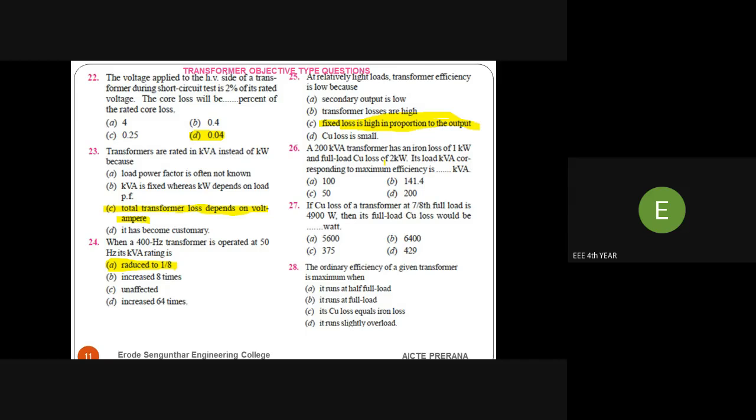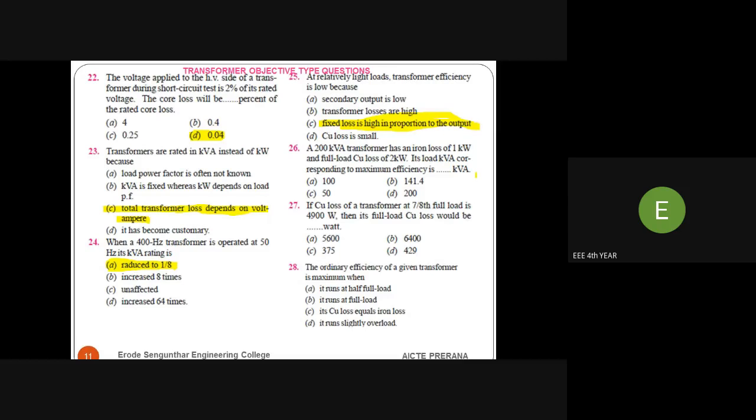A 200 kVA transformer has iron losses of 1 kilowatt and full load copper losses of 2 kilowatt. Its load kVA corresponding to the maximum efficiency is dash kVA. It is one of the formulas available.